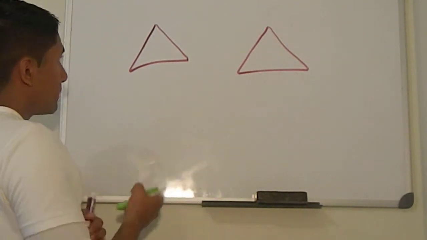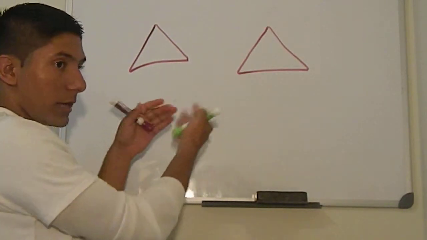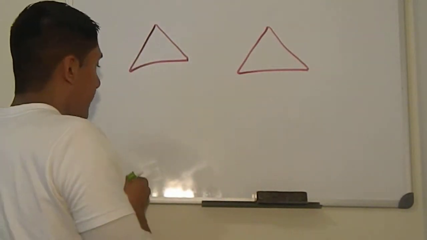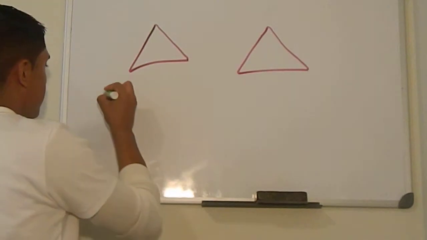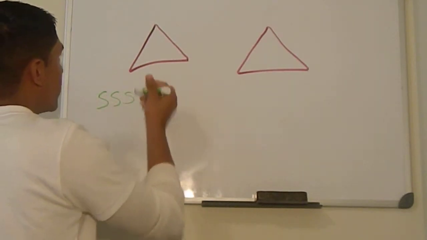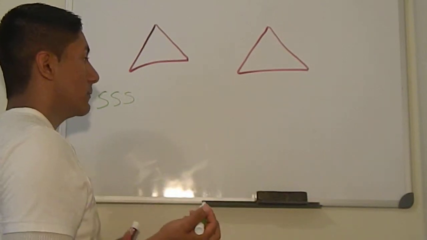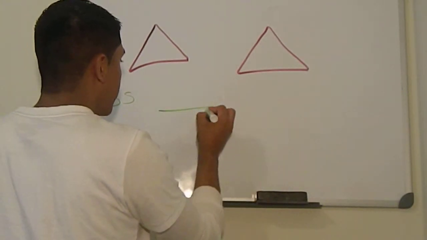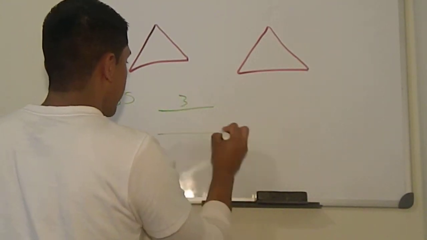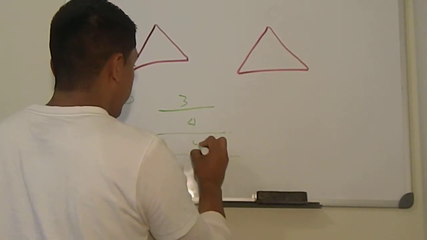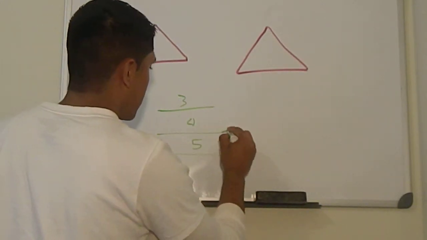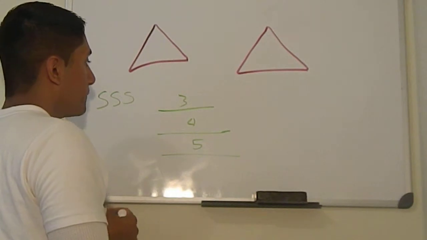Because based on what I just showed you, let's start with an easy one. Side, side, side. If all the sides are equal, think about a triangle. Say we have a side length of 3, side length of 4, and a side length of 5. Should actually be a little longer, but yeah.